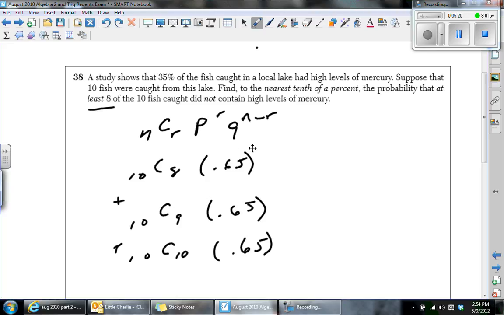The r in each case is 8, 9, 10. The q is the rate of failure, the difference from 1, so in this case that's 0.35. n minus r, so that's 2, 0.35 to the first, and 0.35 to the 0, we don't have to write, but we'll write it.